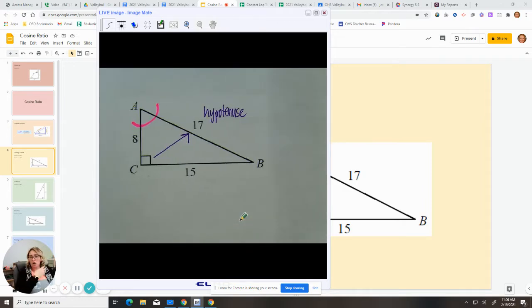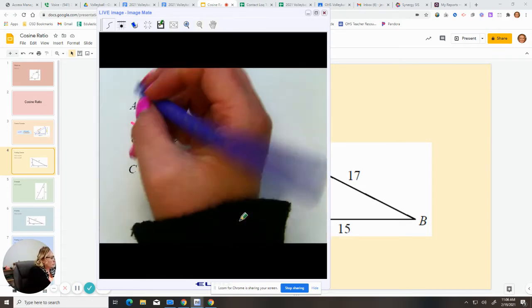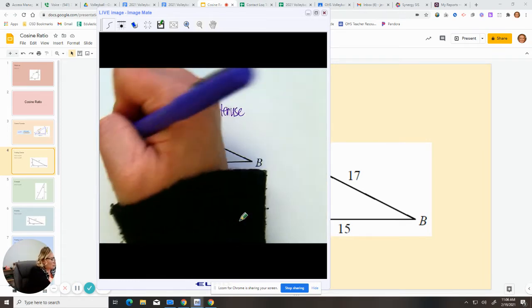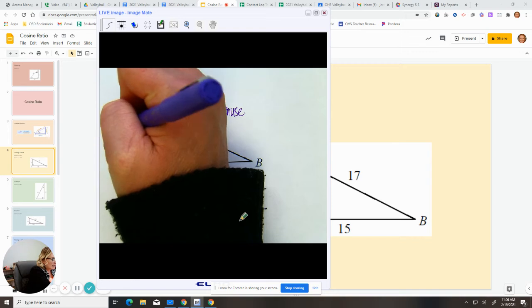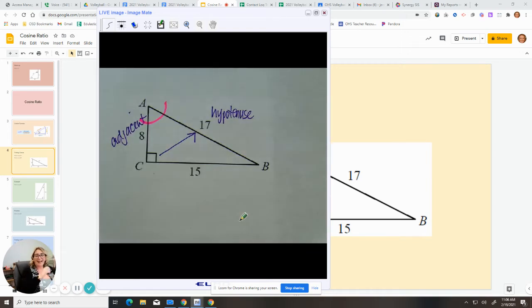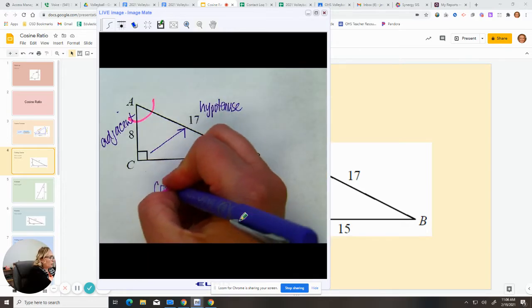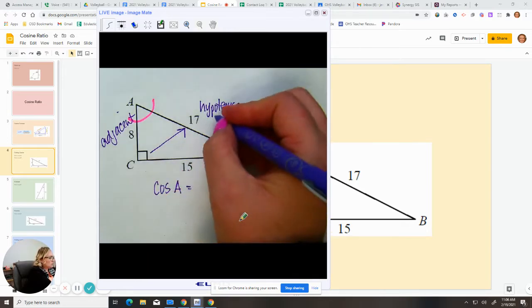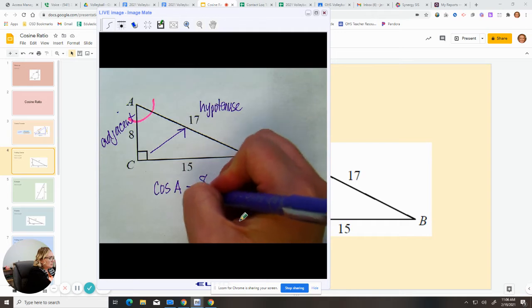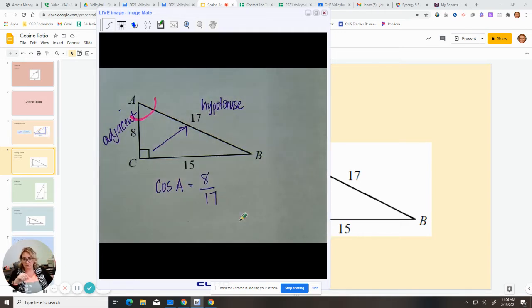So now we know that the adjacent has to be touching the angle. The only one touching the angle is the side 8 there, so that has to be the adjacent. So we would say the cosine of A is equal to the adjacent over the hypotenuse. That's all you would have to do to figure that part out.